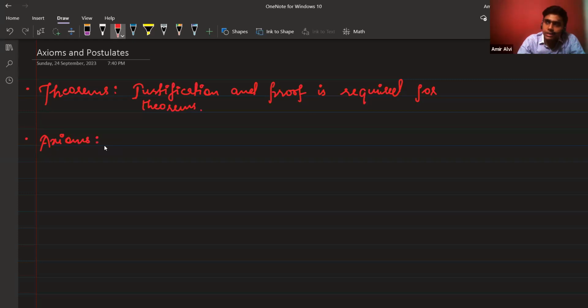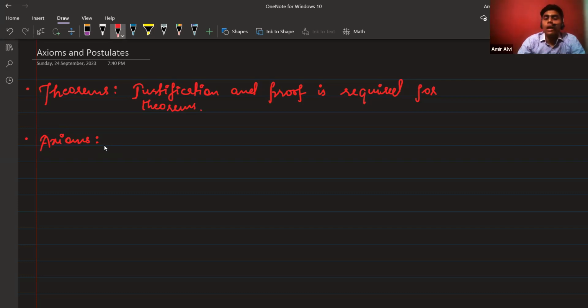If I say two things are equal, those two things can be anything. My hands, both of my hands are equal in size, in shape, in looks, everything. Yes or no? Your eyes, am I right? So axioms are related to all the universal things.